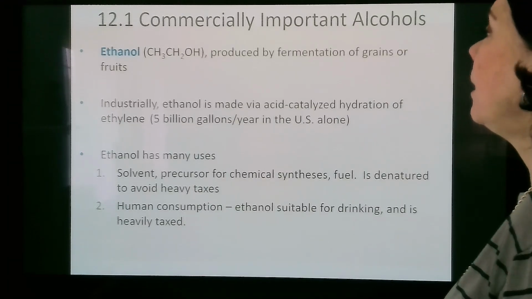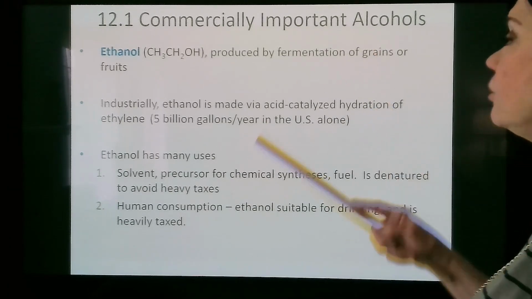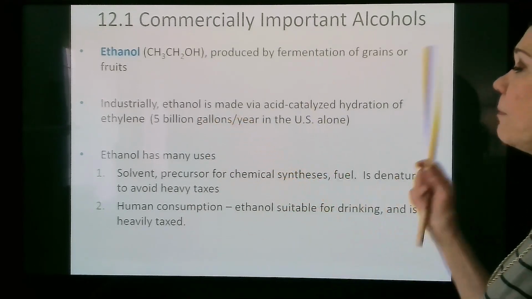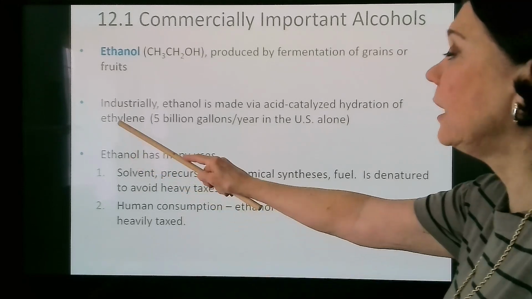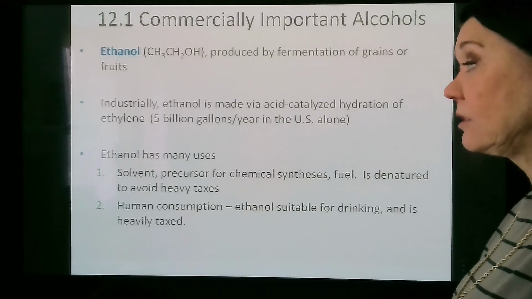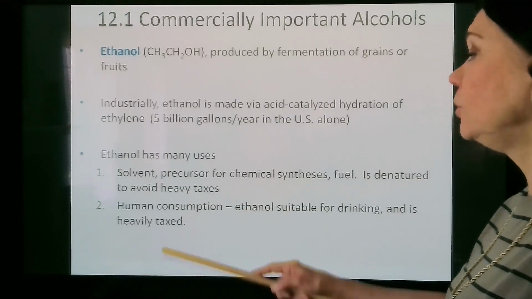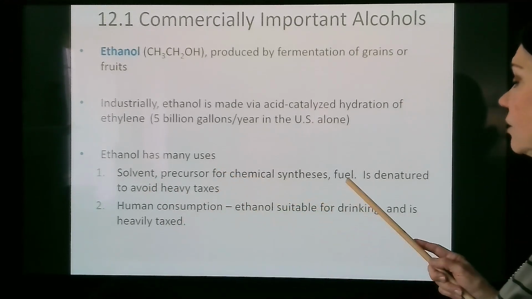Ethanol is also commercially important. It's produced by fermentation of grains or fruits. Industrial ethanol is made via acid-catalyzed hydration of ethylene, 5 billion gallons per year in the U.S. alone. Ethanol has many uses: solvent, a precursor for chemical syntheses, or fuel.